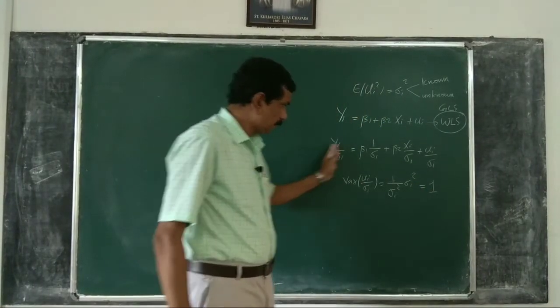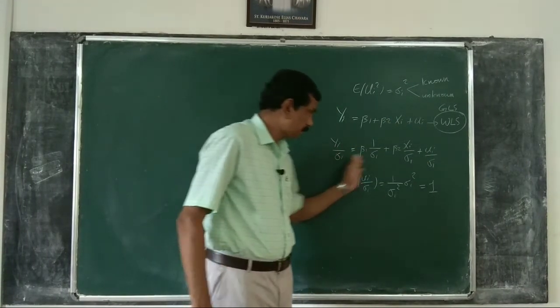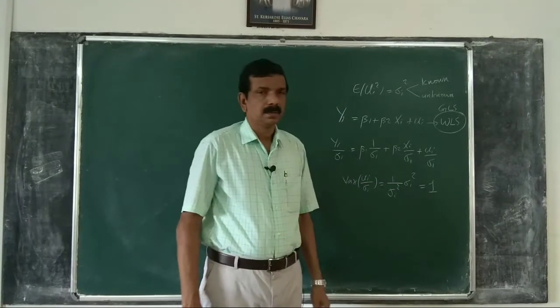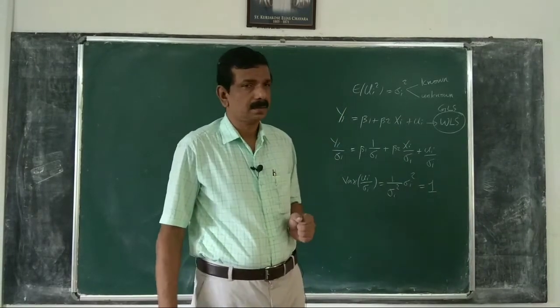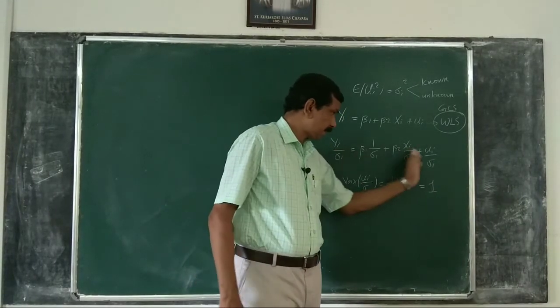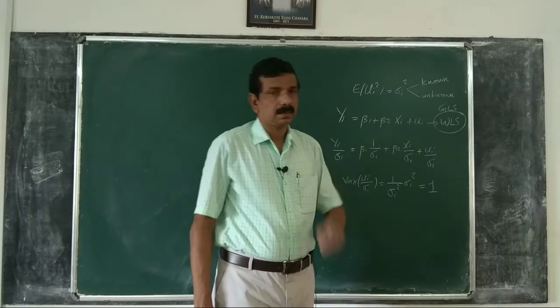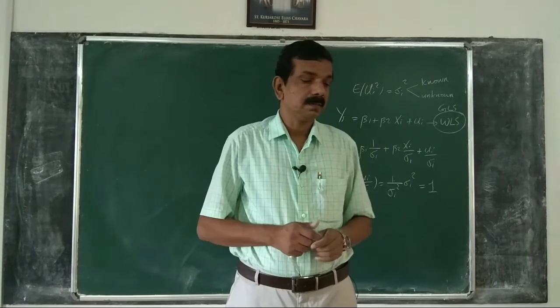So, if you divide this model throughout by sigma i, the variance in the new model is a constant. That is, the new model satisfies all the classical assumptions. So, if you apply OLS to estimate beta 1 and beta 2, you have estimators which are BLUE.